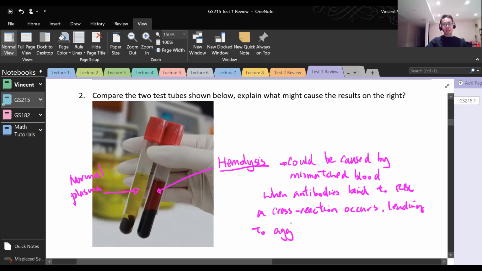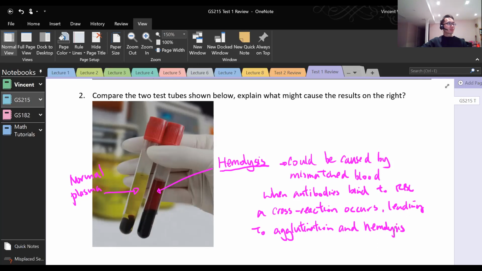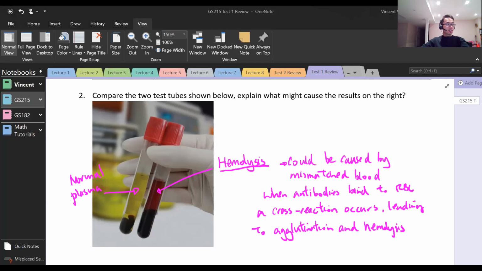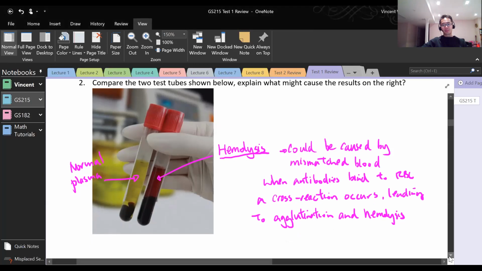That's what some of you were saying, right? Agglutination. But this is one step further. After they clump together, the next thing that happens will be hemolysis, and all the hemoglobin will now be in the plasma. That is a really bad sign. If you get a blood sample from a patient and you spin it down, and it looks like this, you have got to do something about it. So if you see this picture on the test, remember the correct answer is hemolysis.